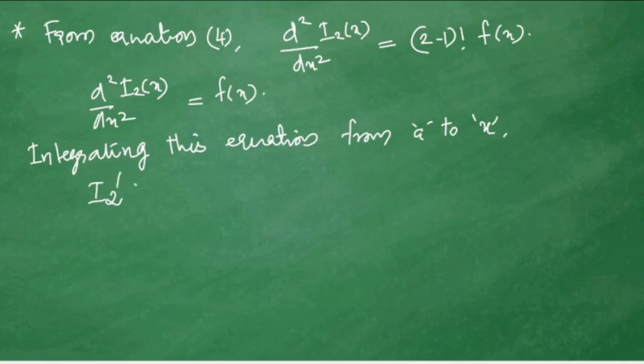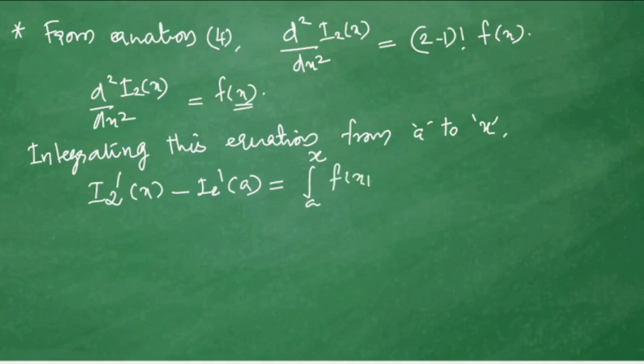So I2 dash of x minus I2 dash of a is equal to integral a to x. Now here x is there, so replace that x by x1, f of x1 dx1.